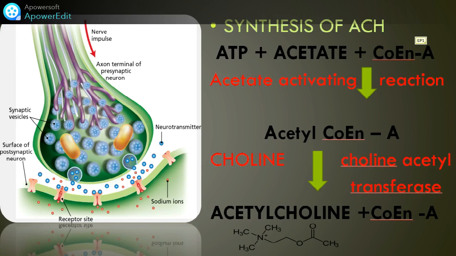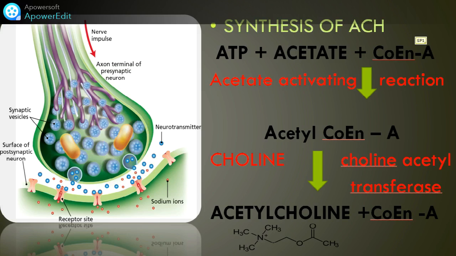Acetylcholine is synthesized locally in the cholinergic nerve endings and it is stored in the vesicles. These are the vesicles where ACH is stored and it is released in the synapse.